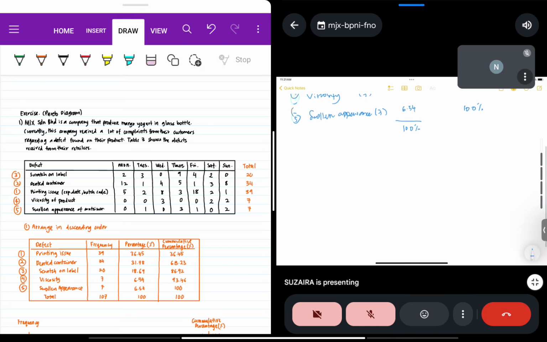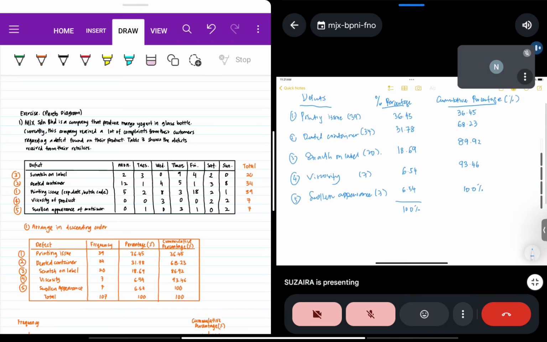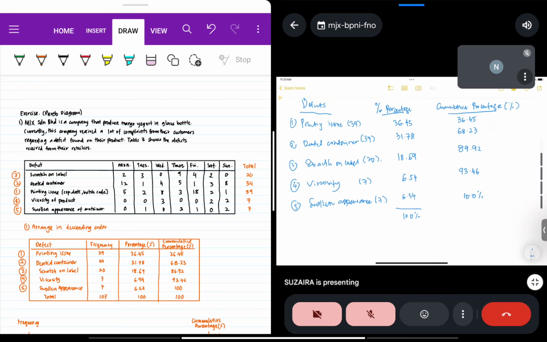Can you follow until here? Yeah, for scratch on label, I think the cumulative percent is wrong. I got 86.92. 86.92. Sure. Plus 31.78. Okay, plus 18.69. 86, yeah?